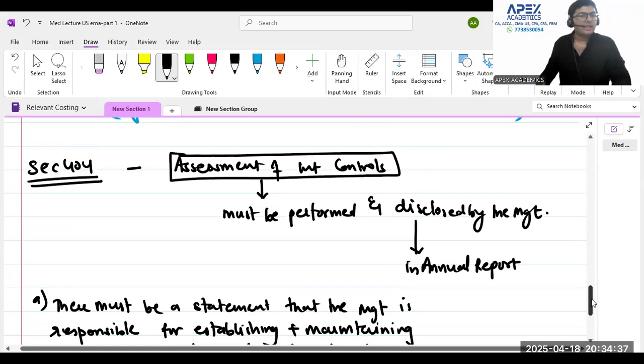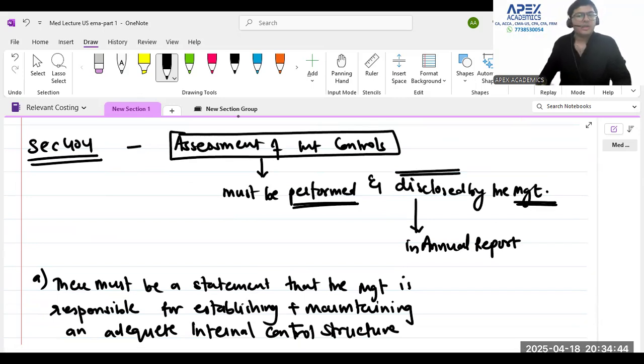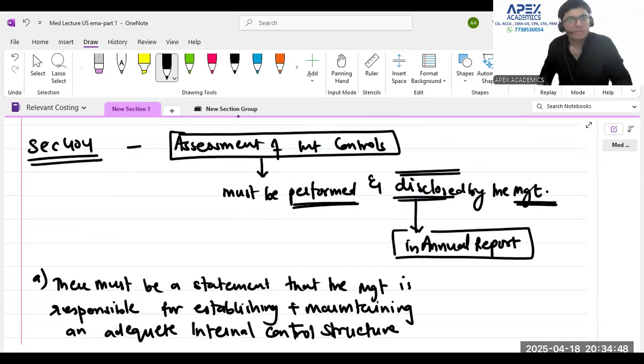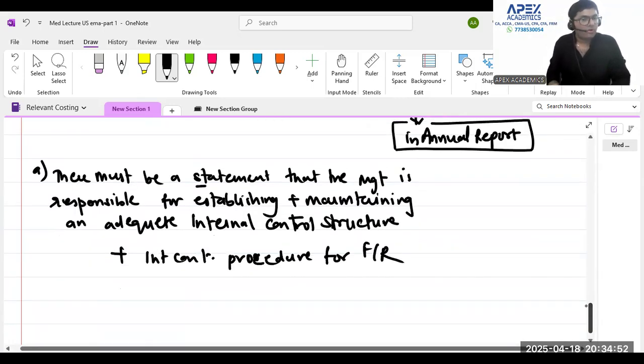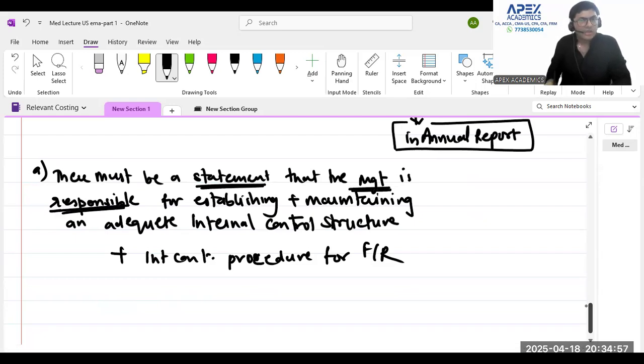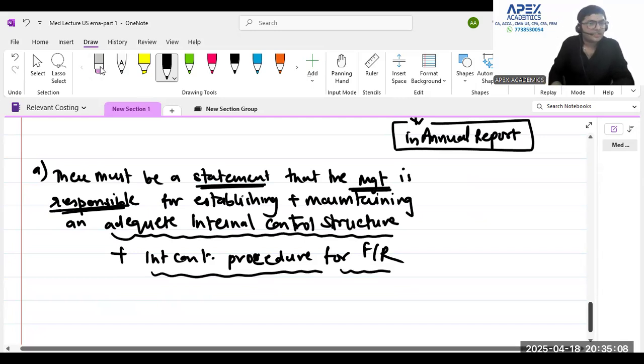What is the point here? The point is that an assessment of internal controls must be performed and must be disclosed by the management. Where? In the annual report. There must be a statement that the management is responsible for establishing and maintaining what? An adequate internal control structure and an internal control procedure for financial reporting.